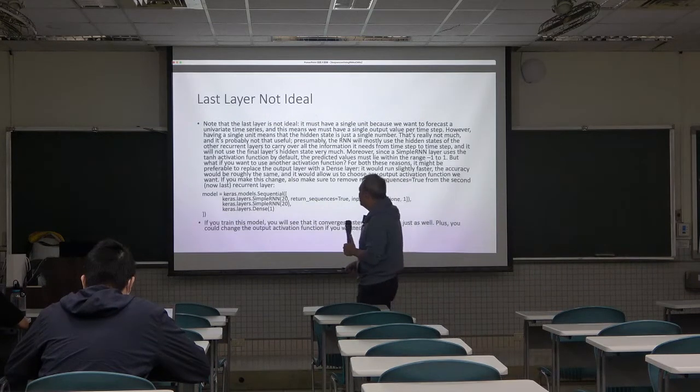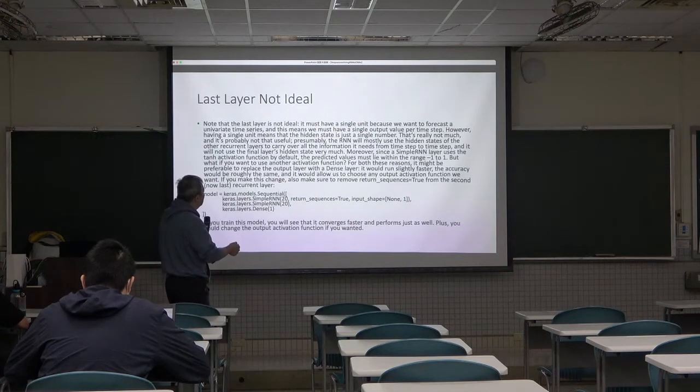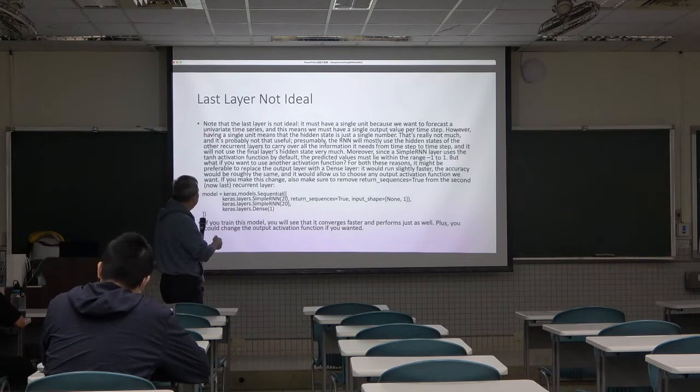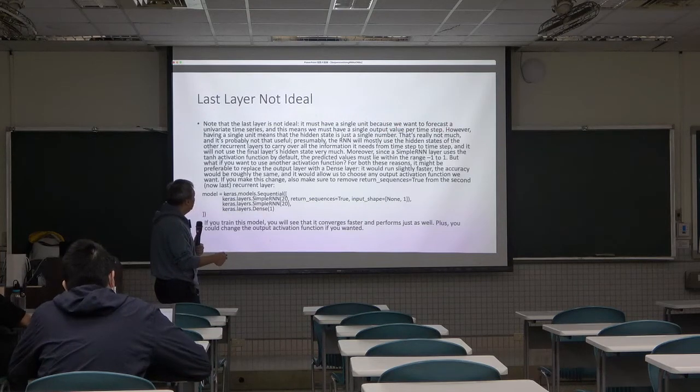Because the last layer uses a single unit, because we want to forecast a univariate time series. This means we must have a single output value per time step. So having a single unit means that the hidden state is just a single number.